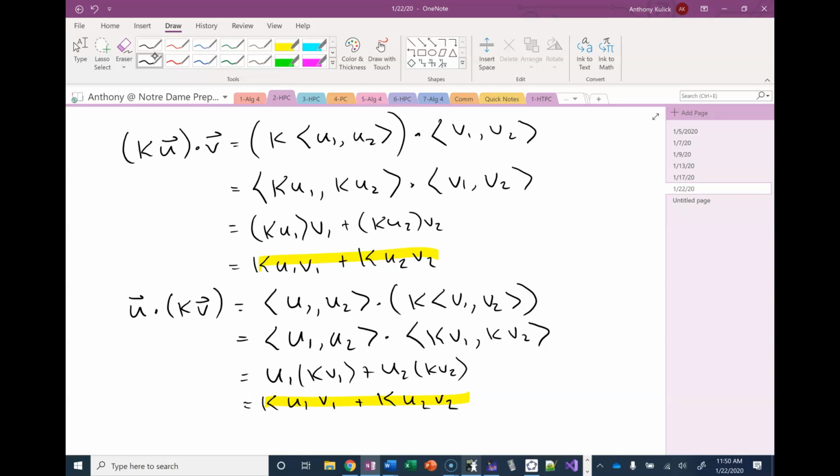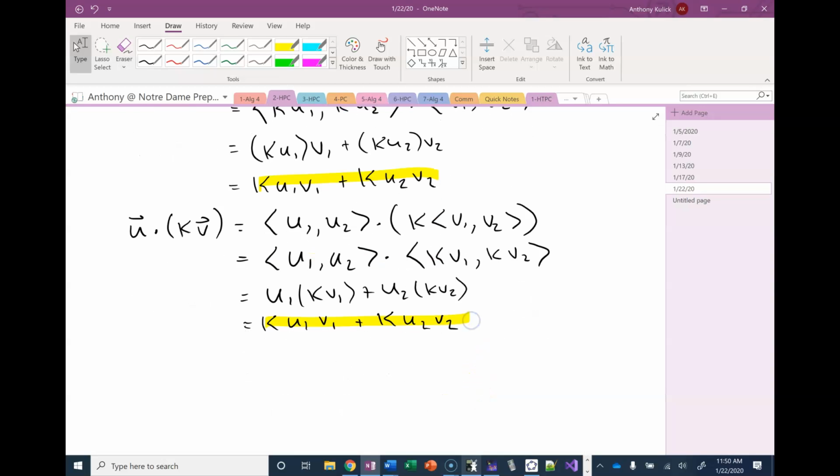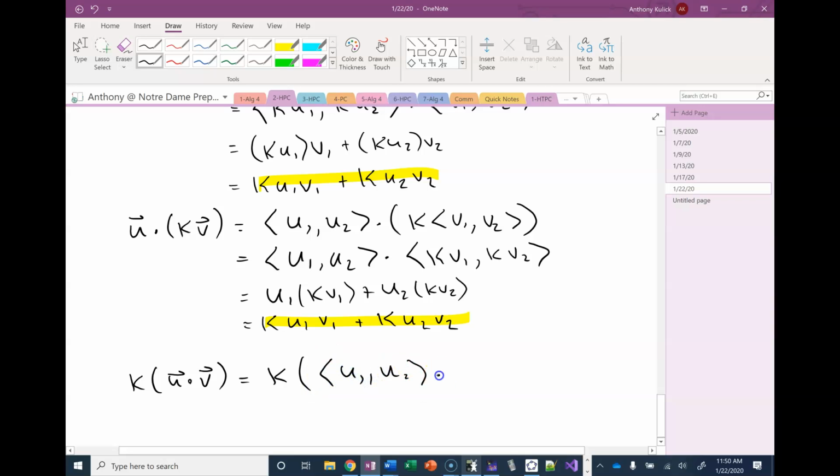Okay. And then the last piece was k times u dot v. So that's k times u1, u2 dot v1, v2.